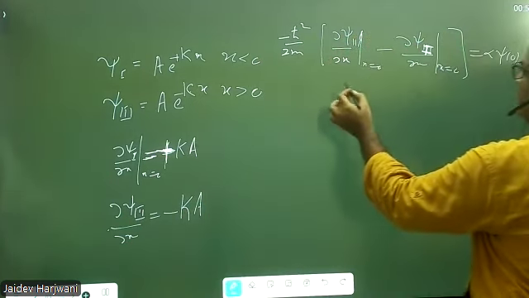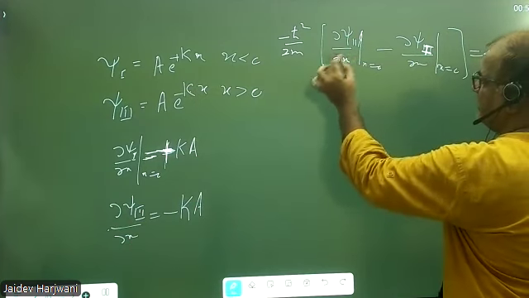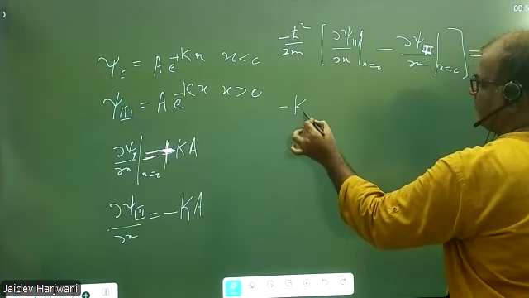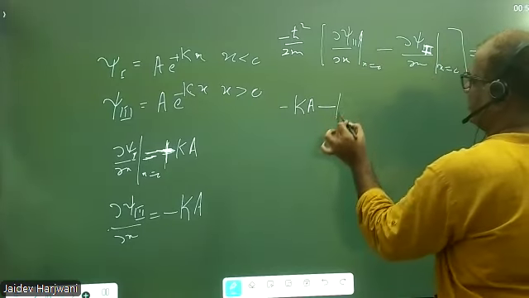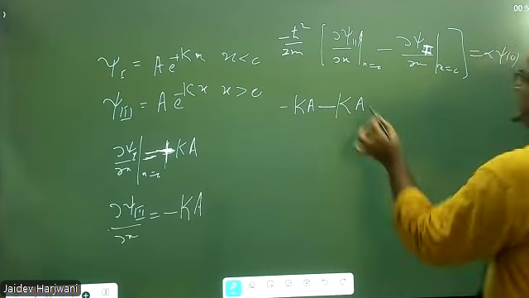So let's put the values here: this will be minus κA, and this is the positive κA.